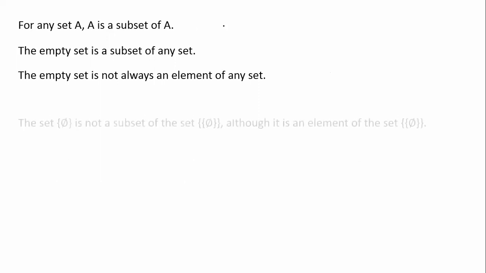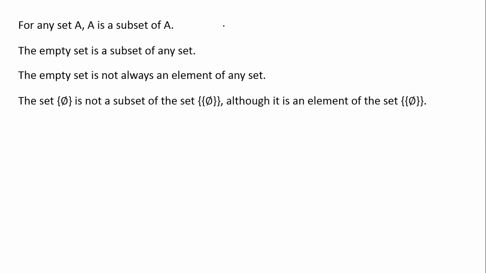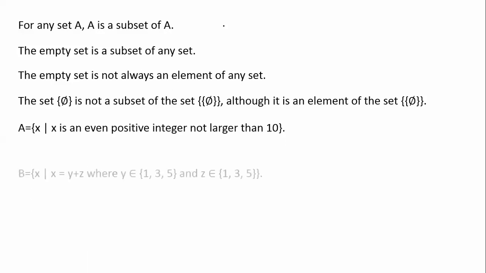We know that any set is a subset of itself, and it is our assumption that the empty set is a subset of any set. One more assumption is that any set is a subset of the universal set. Further, the empty set is not always an element of a set.